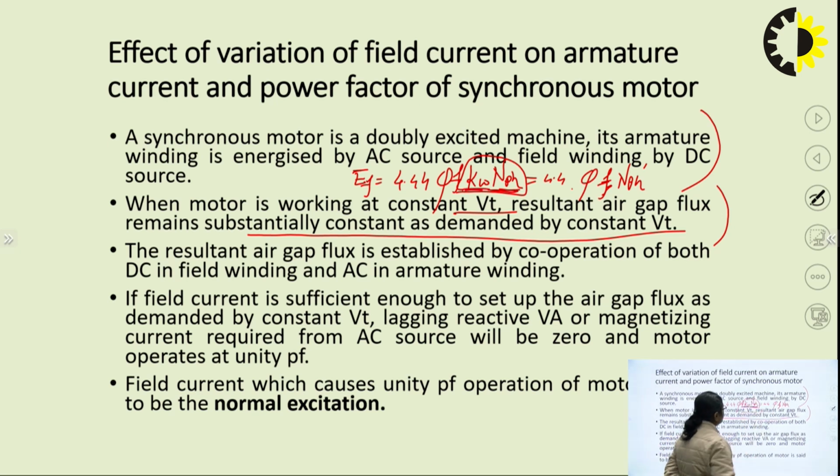Kw is the winding factor of the machine. You must also know that Kw equals Kd multiplied by Kp. Kd is the distribution factor, Kp is the pitch factor.